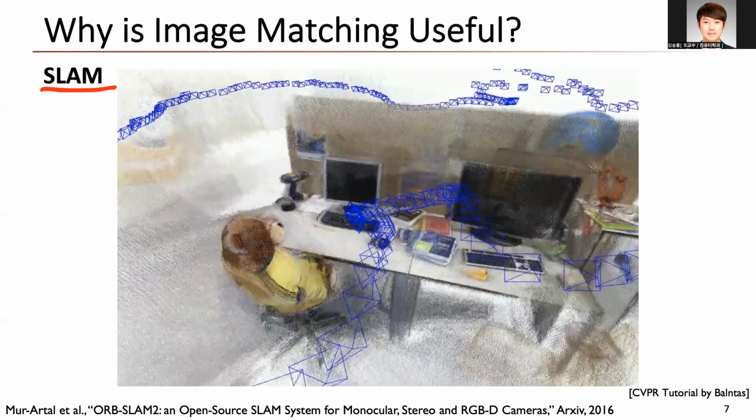Given an input video like this, in SLAM we want to estimate the camera pose at the current frame with a sparse 3D model with a colored point cloud. So this is SLAM. To understand SLAM, we also have to find the correspondences between each frame, like this.